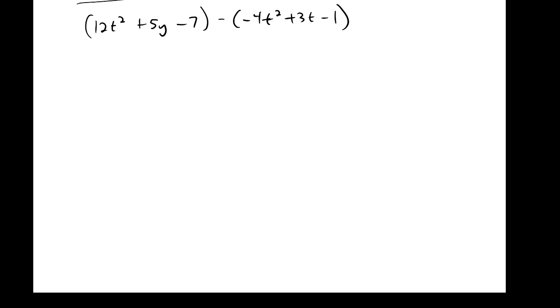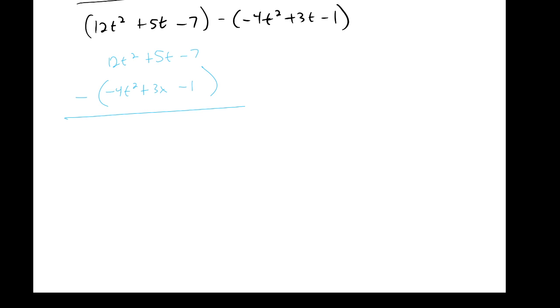So let's go ahead and stack, right? 12t squared plus 5. Why did I put y? Goodness. That's a typo. My apologies. Plus 5t minus 7. And then I have subtracting. And I have to use my parentheses. And recopy down negative 4t squared plus 3t minus 1.